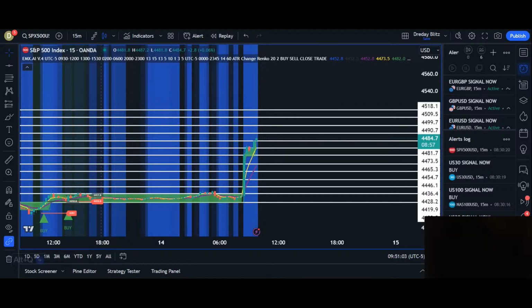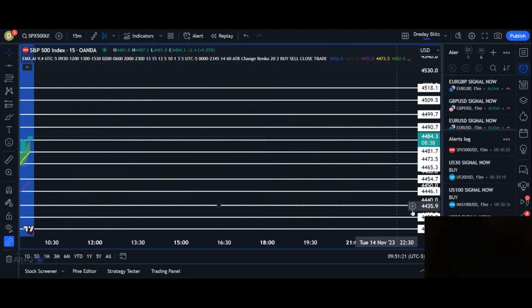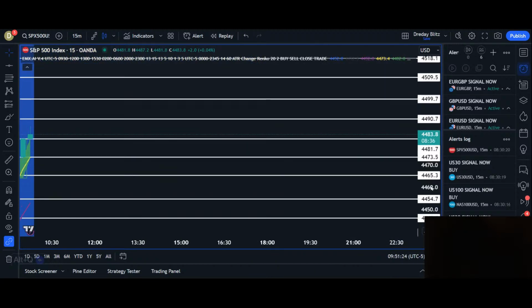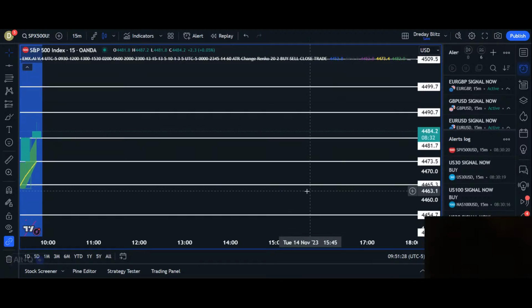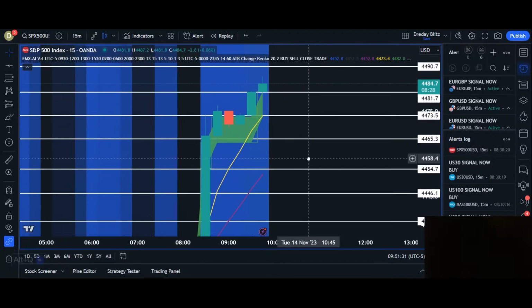And on top of that, if you have the signal saying that it's bullish, it's an extra confirmation that the price will be going in that direction. Okay. So this is where we're at right now.